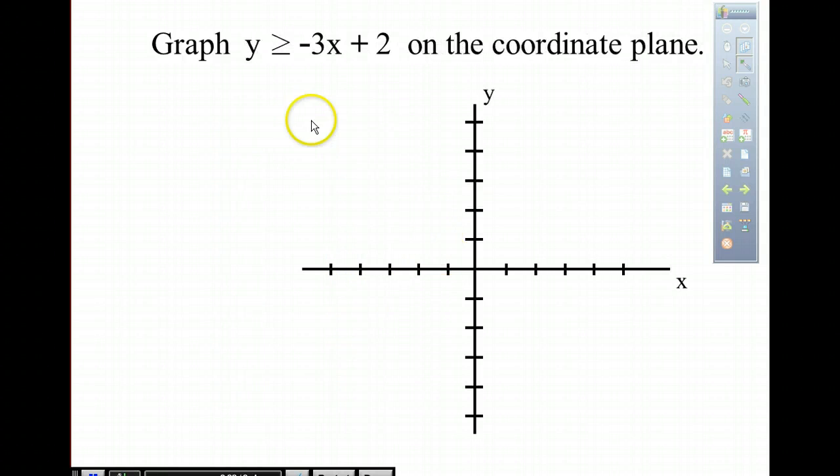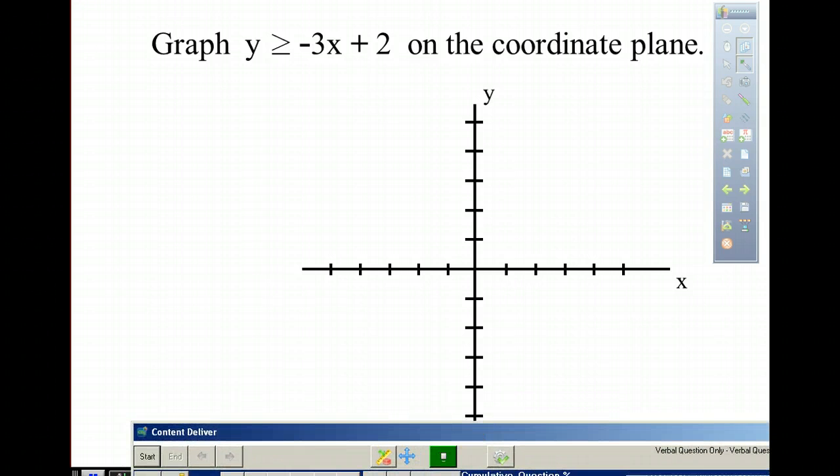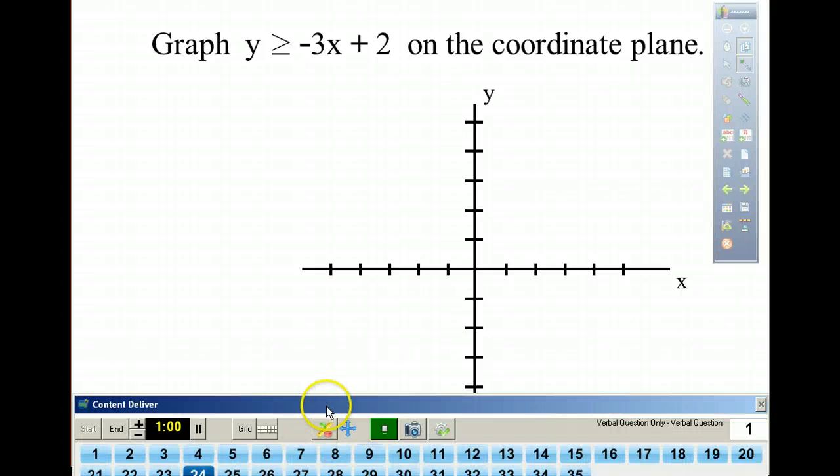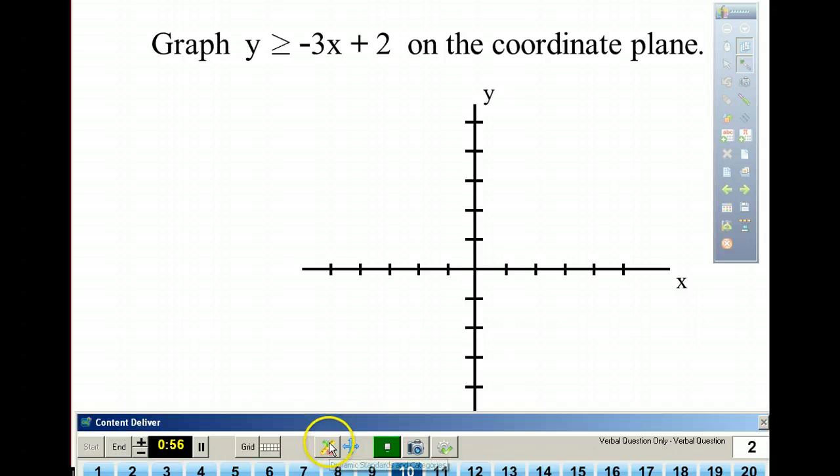Let's go into a good old-fashioned slope and all that good stuff. Let's try another response. What is the y-intercept of this one?